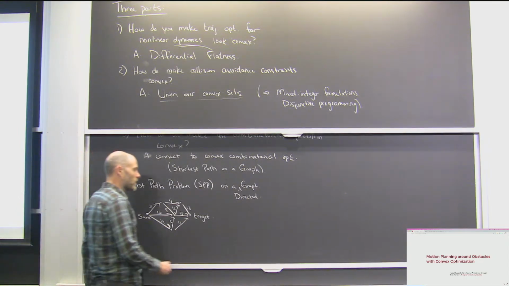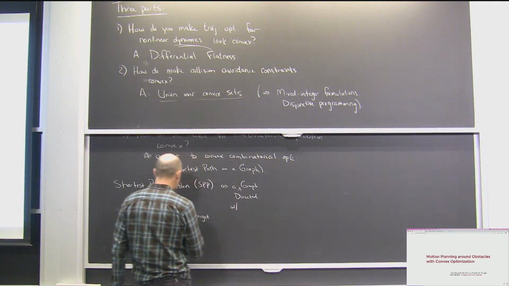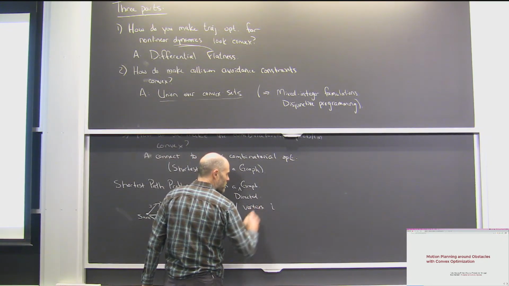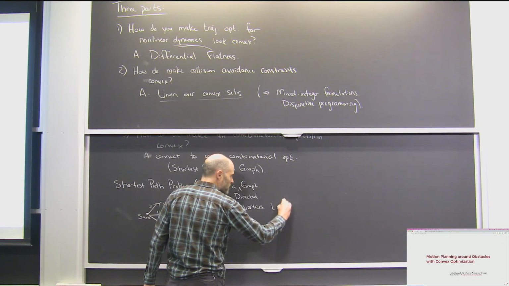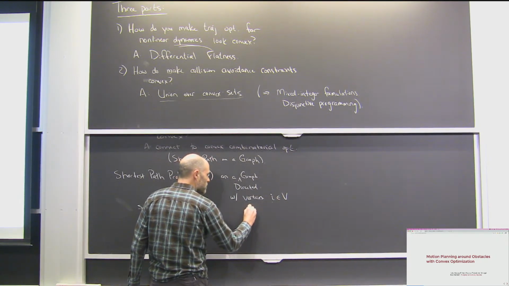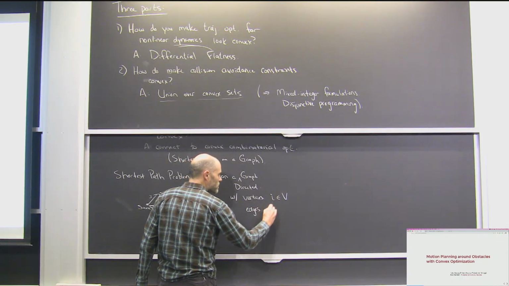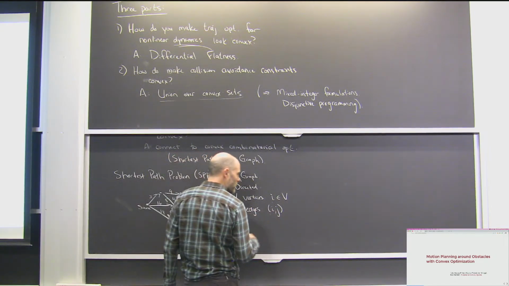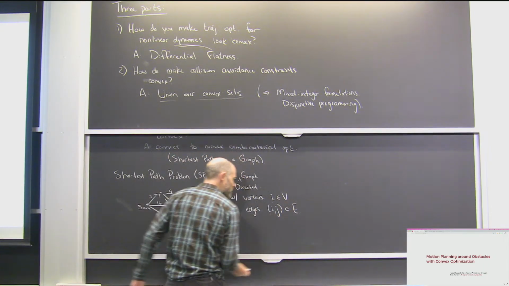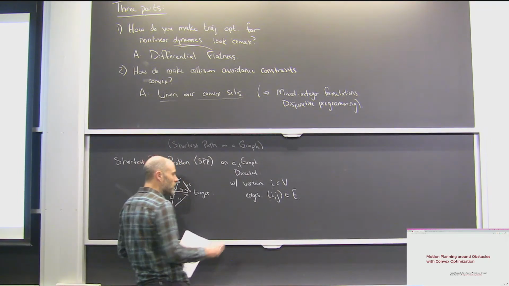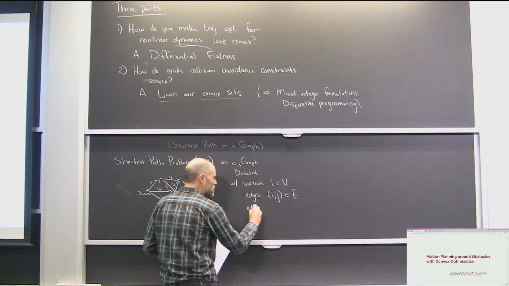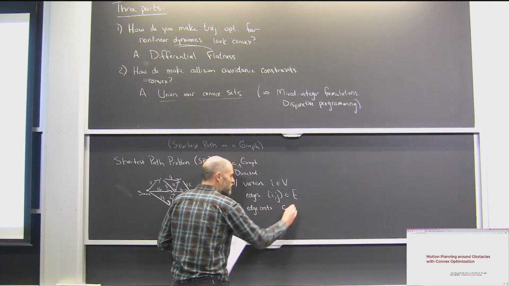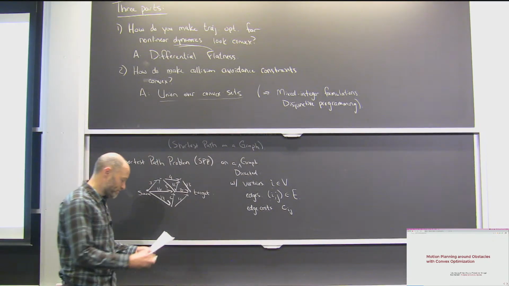Okay, so I'm going to define this as having vertices, which I'll just denote by an integer i. Edges, which are described by a tuple of vertices, a directed edge (i, j), that live in some set E. My costs, I'll call c_ij for the cost of edge ij.